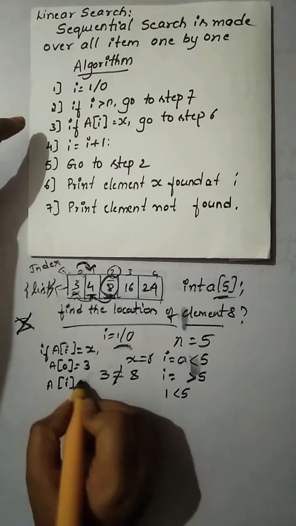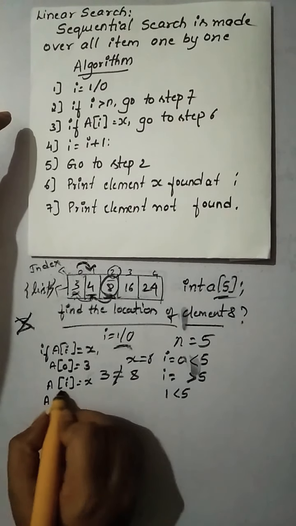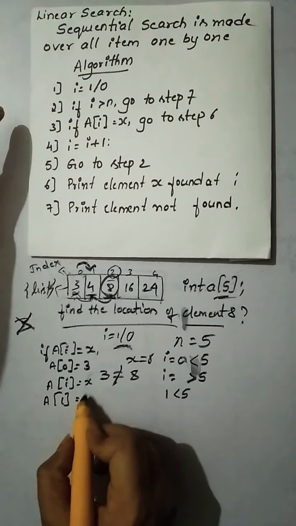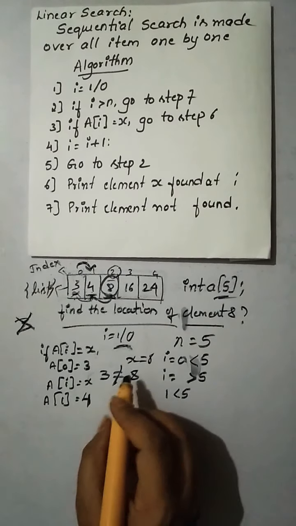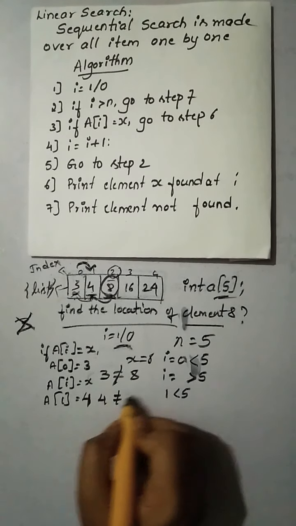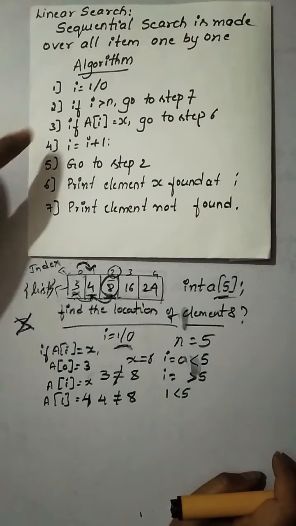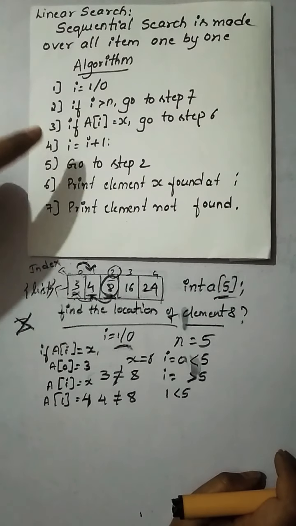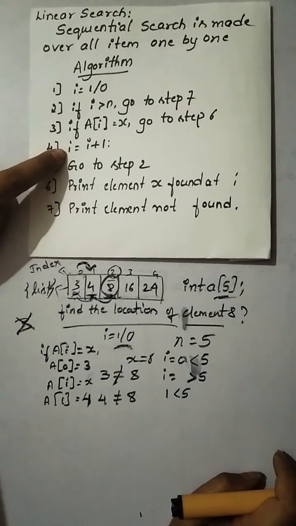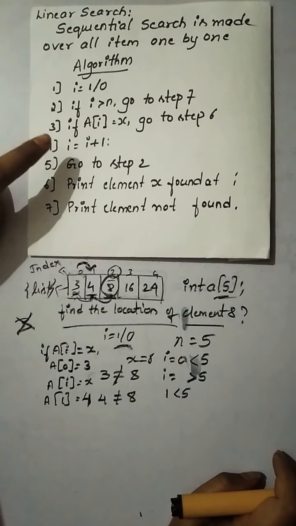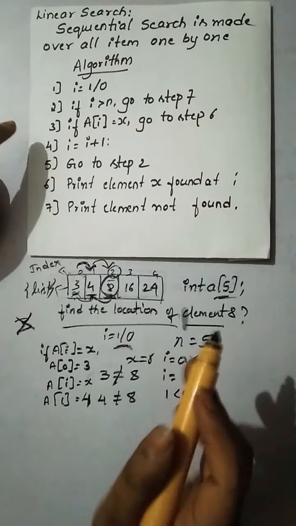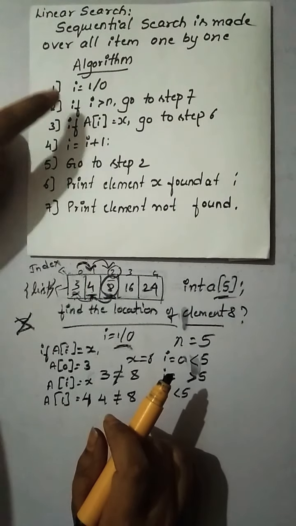What is A of 1 here? It is 4. 4 is not equal to 8, so this step fails, and we are not going to step 6. So we go to the step I is equal to I plus 1. The cursor will move here. Next, go to step 2.